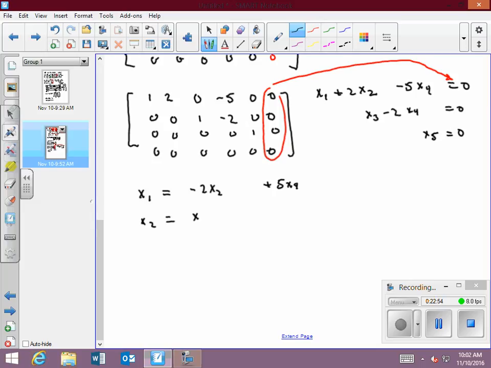So I can just put x2, x3 equals 2x4, x4 is x4, so it equals x4, and then x5 equals 0.